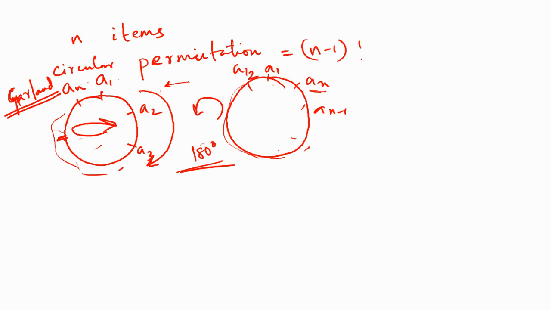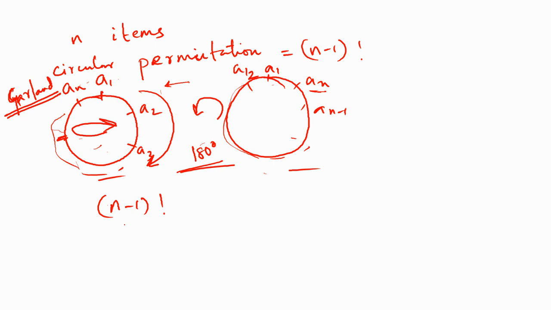So if it's a garland type situation where rotating it gives the same arrangement, these two configurations will be the same. The total number of circular permutations, as we already got, is n minus 1 factorial.